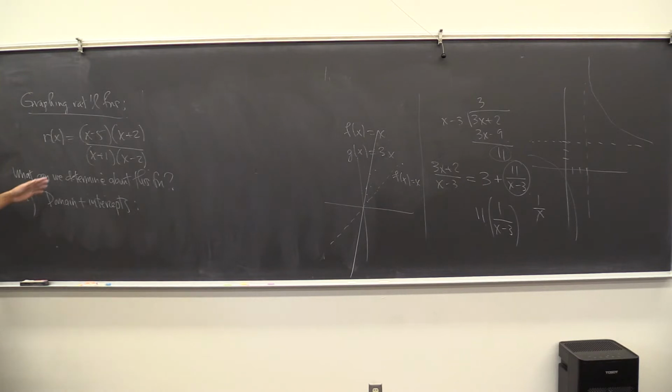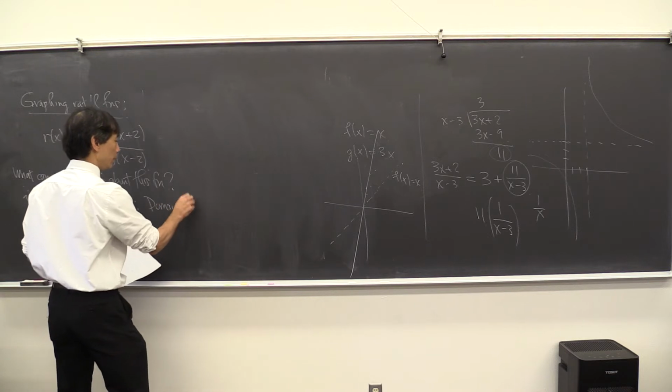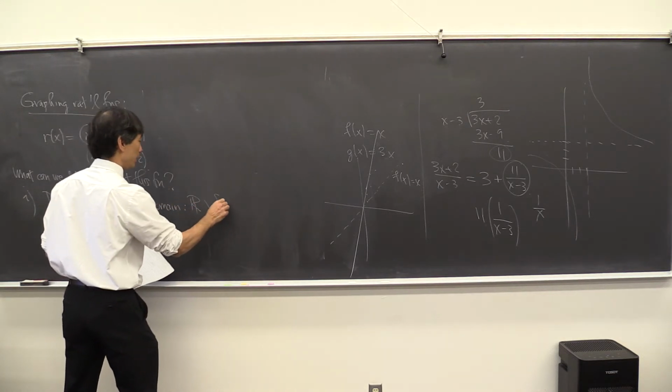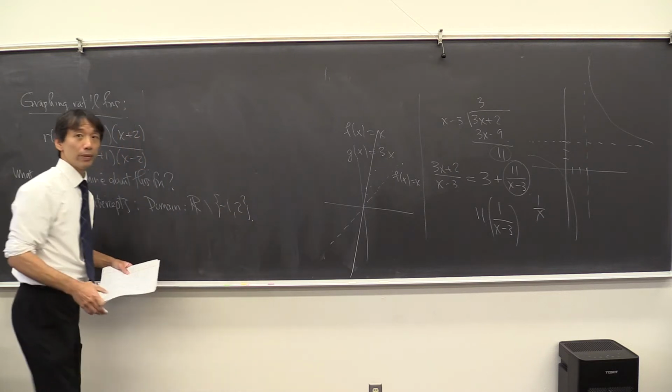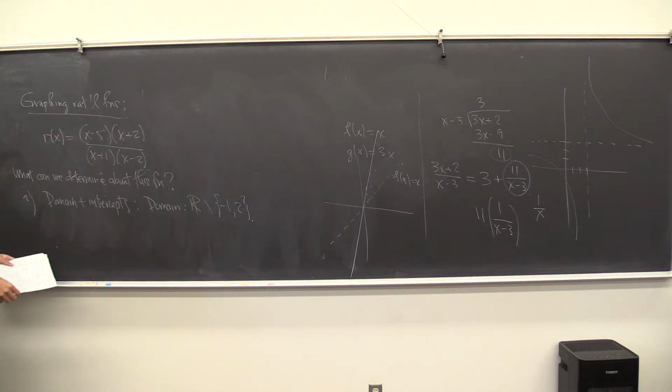So looking at this function, what's the domain of this function? What are reasonable x to put into this thing, and what are not reasonable x? Okay, that's the better question. What x do not work for this function? -1 and 2, and everything else is fine. So the domain is the whole real line, excluding those two places.